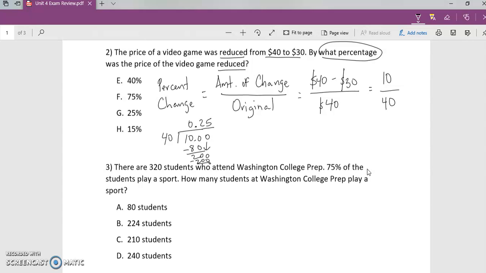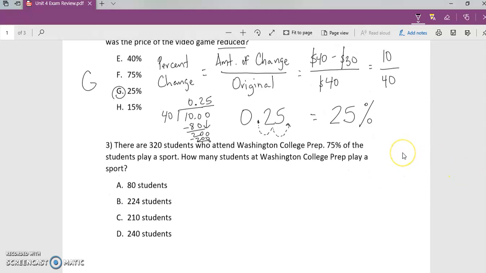And that's my answer, 0.25 as a decimal. But I don't want a decimal, I want the percentage, so I'm going to move it over once, move it over twice, and that's where my new decimal place would go. So from 0.25, now I know that it's 25% total. So letter G is my final answer.